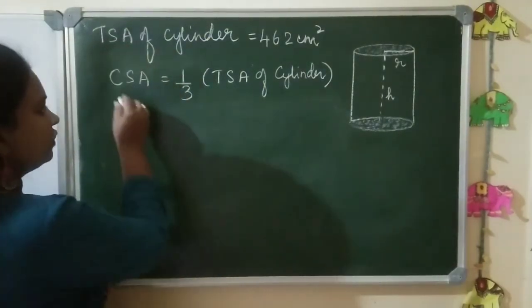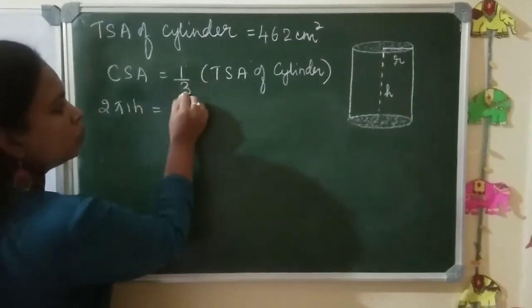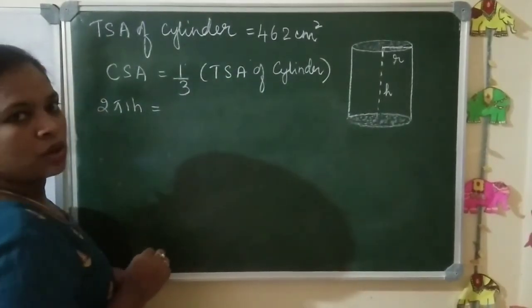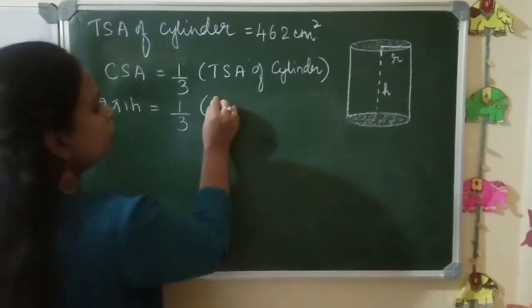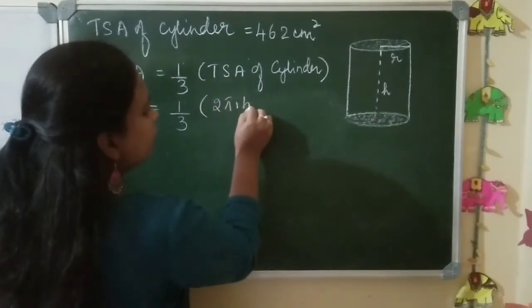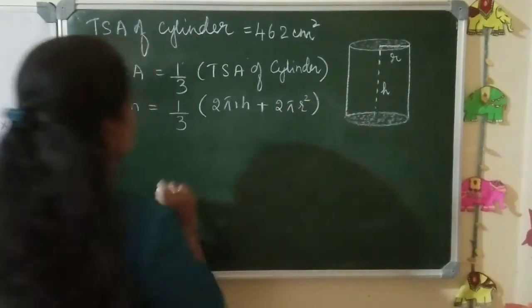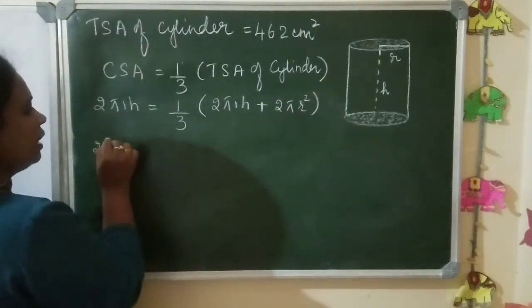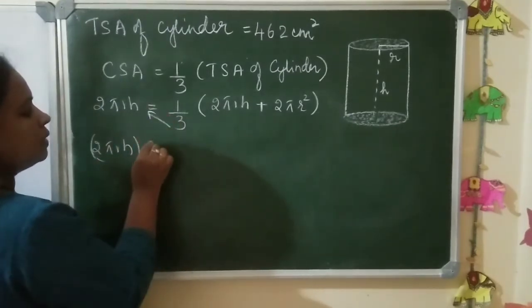So here the curved surface area of the cylinder is 2 pi RH, and it is equal to 1/3 of the total surface area of the cylinder, which is 1/3 of (2 pi RH plus 2 pi R square). Now I'll just cross multiply here.